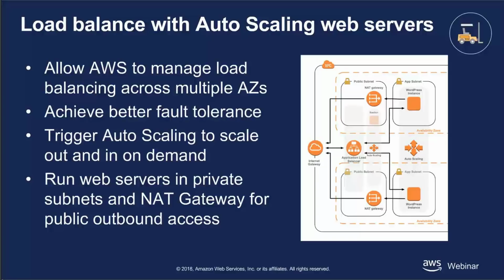When you distribute requests across your web servers, you really need to have a load balancing solution in place. With AWS, we provide this capability through ELB, or Elastic Load Balancing, which is a highly available service that allows you to distribute load across multiple EC2 instances.